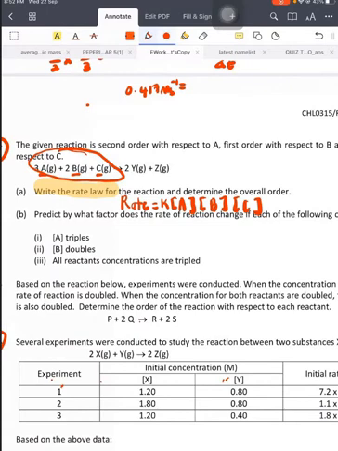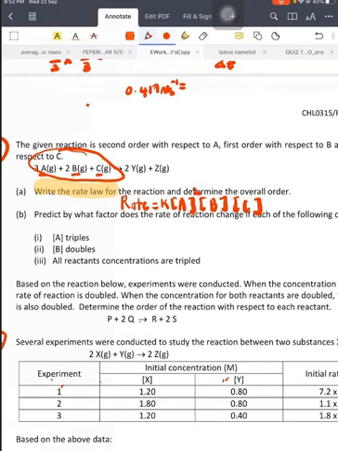Then, we know the reaction order has nothing to do with the number of moles. The 3, 2, 1 are not related. That's why the information is given to you above. The question says it is second order with respect to A, meaning A is to the power of 2.